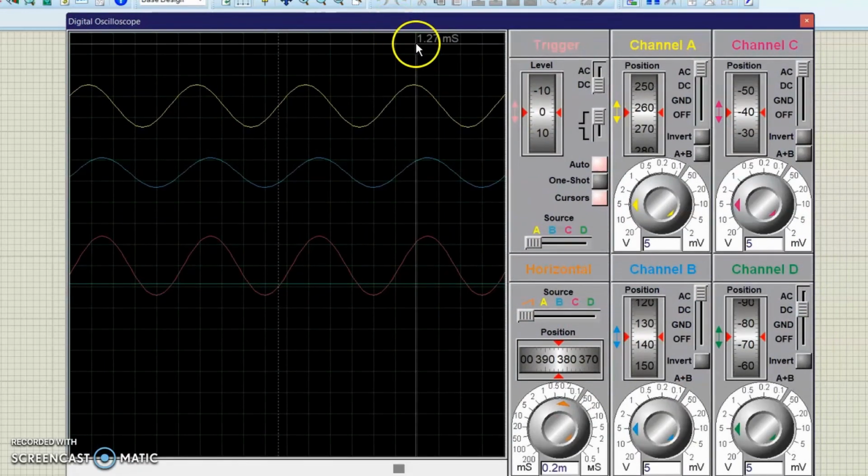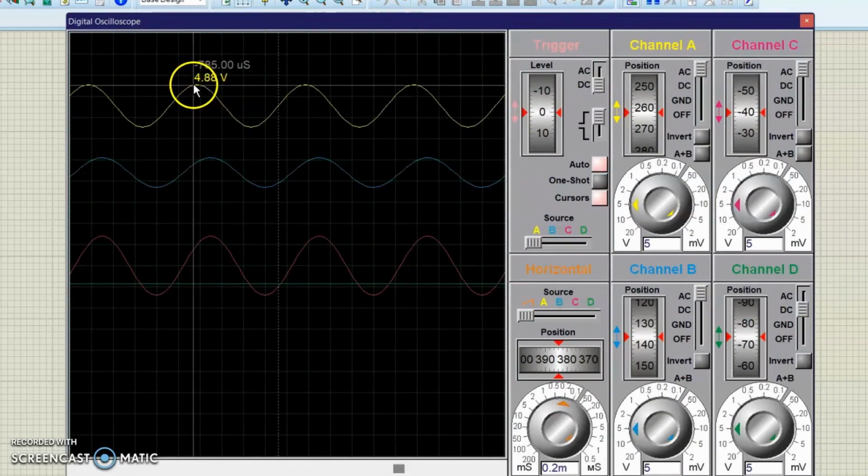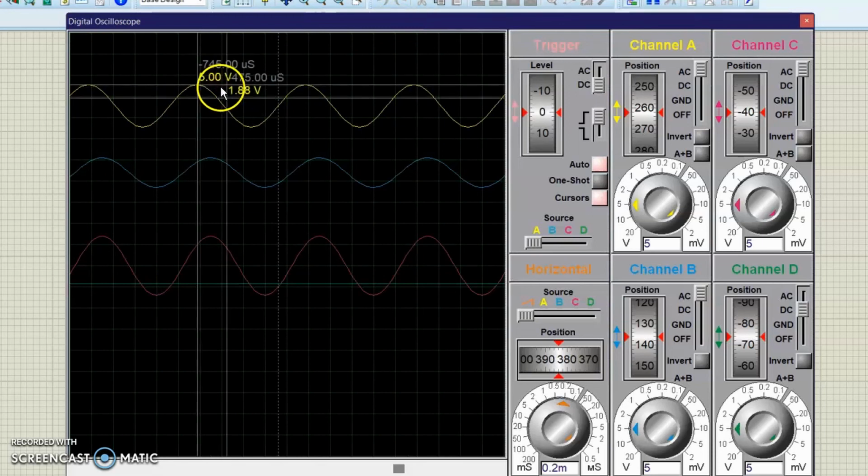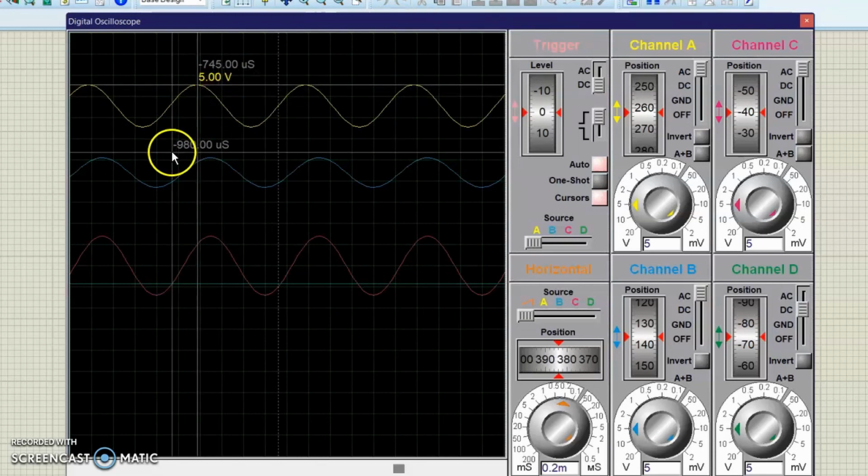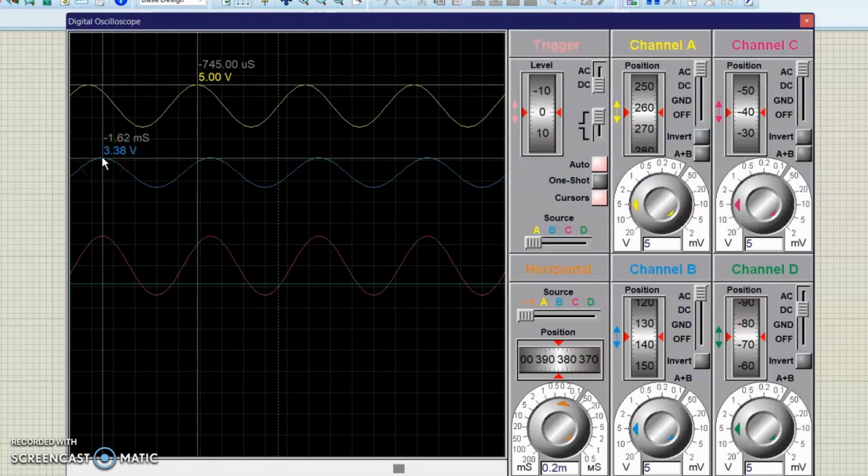As you can see here, my input is at 5 volts peak, and at the RC output I get about 3.5 volts, so the VP will be 3.5 for the RC output voltage, and for the output I get 7 volts.